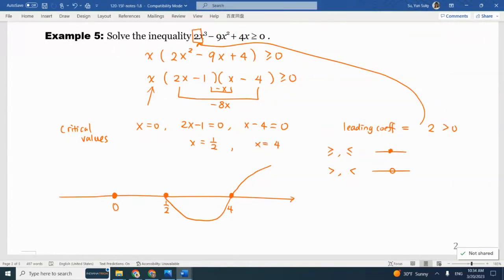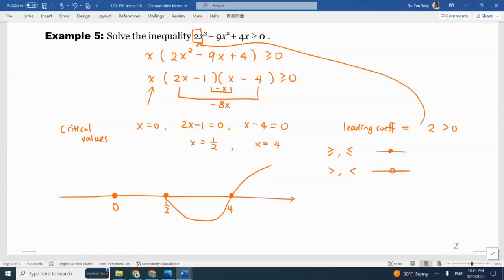Let's do this. Jackson, 1/2, what's the multiplicity? 1/2 corresponds to the factor 2x minus 1. Look at this factor.